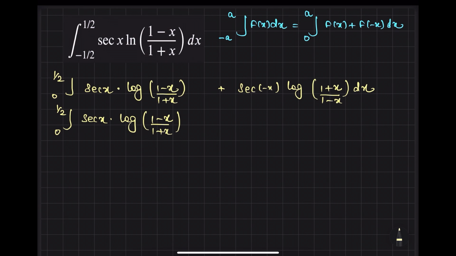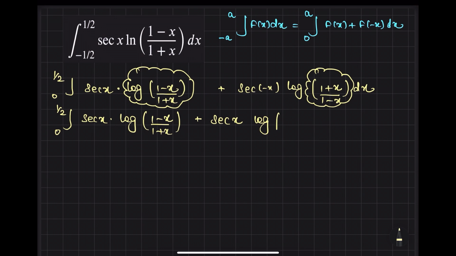Now you know that sec of minus theta is the same as sec theta. Okay, so we have sec x. Now to make this log and this log look alike, we will reciprocate the argument: log((1 minus x) upon (1 plus x)) to the power minus 1 dx. Okay, so now let's write down one more step. We are almost there to write down the final result.